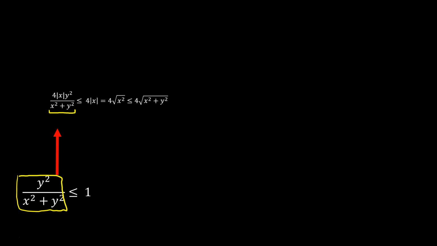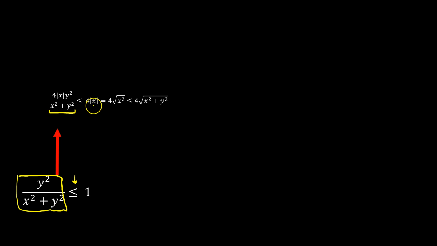So we can make this replacement where we pull out the y squared over x squared plus y squared, and we replace it with 1, as long as we use the appropriate inequality. Notice that I'm not putting an equal sign between these things. They're not equal. We need to use the inequality that comes from the substitution we just made.